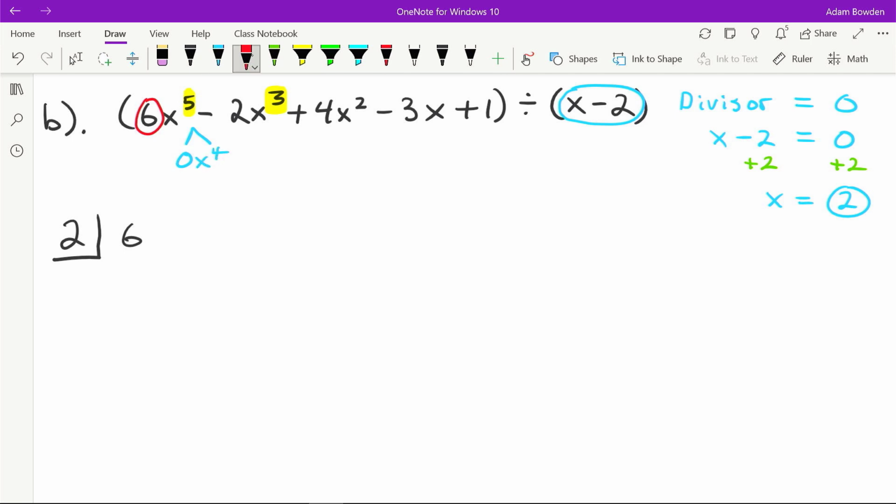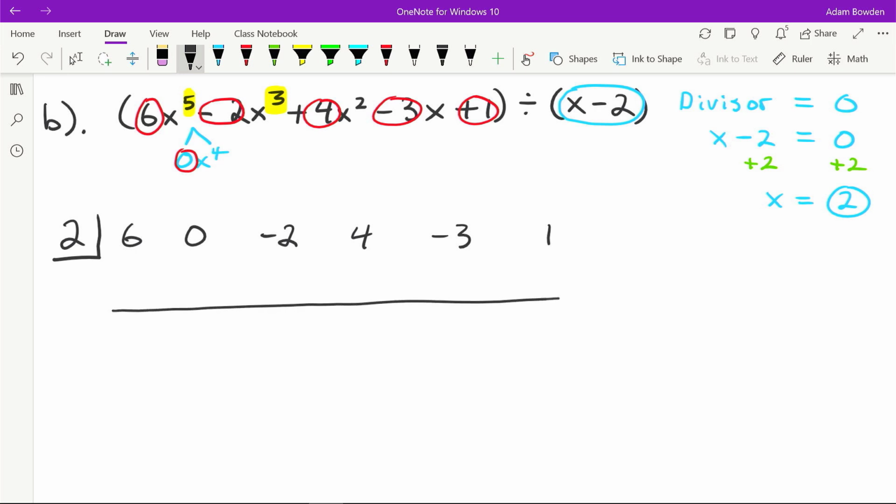So we'll consider a 0x to the 4th coming in between. And then we'll have -2, 4, -3, and 1. So that's what we're going to write here. 6, 0, -2, 4, -3, and 1. And that's how we start setting up our synthetic division process here.